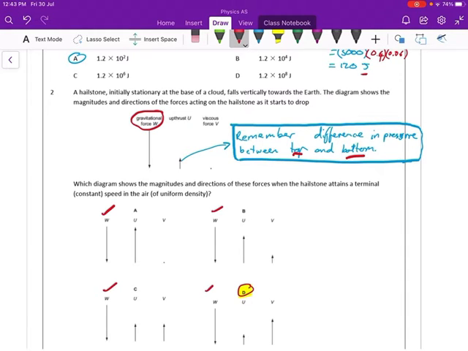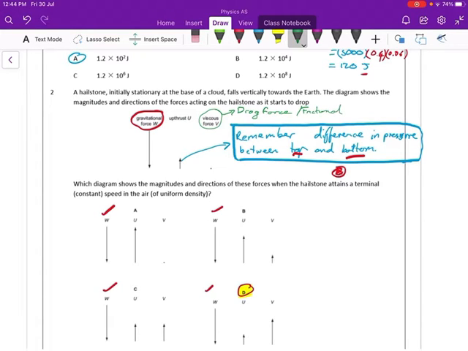Now my hailstone remains the same size, so that upthrust between the top and the bottom is going to stay the same. That's not going to change. The only thing that's going to change is my viscous force. Well, if it's falling through a liquid, the viscous force, or it's sometimes referred to as the drag force, and you may also know it as a frictional force.